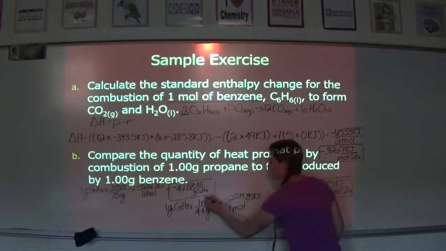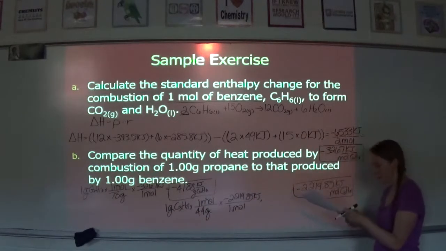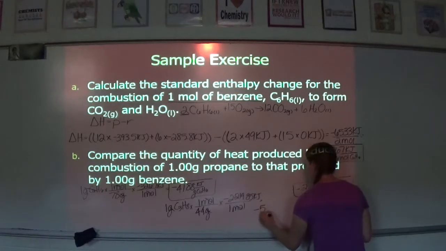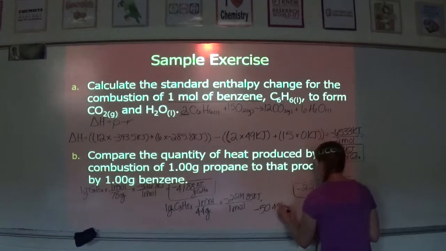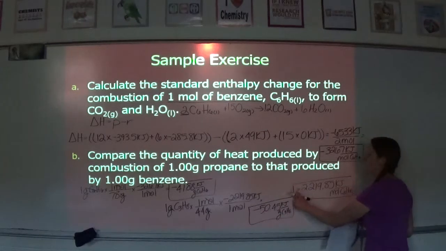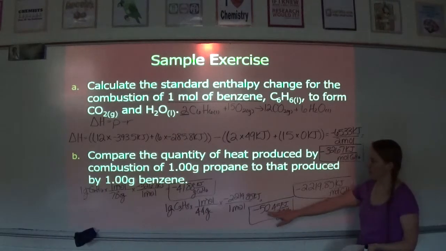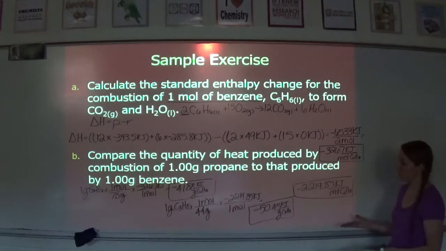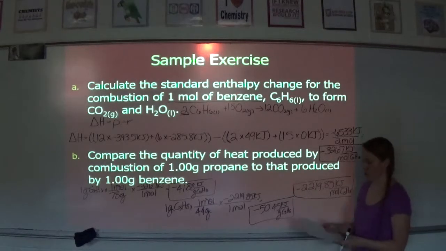So my grams cancel, my moles cancel, and so I get negative 50.45 kilojoules per gram of C3H8. So in other words, per gram, the propane is going to release more energy because it's negative 50, whereas the benzene's only about negative 42.